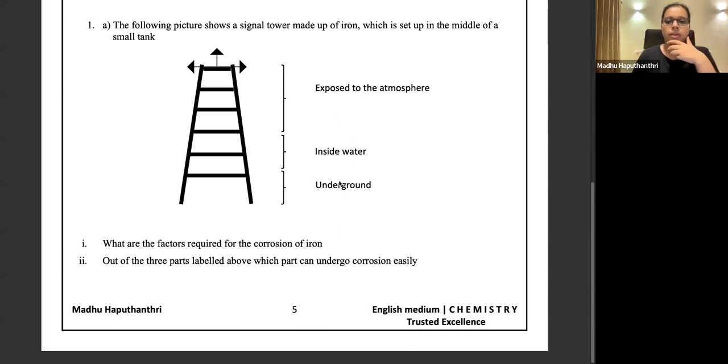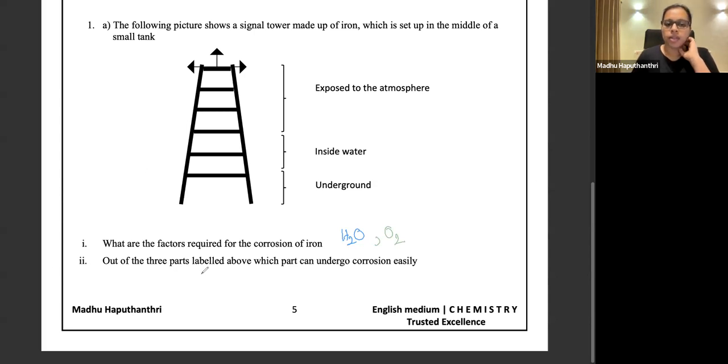So that means H2O(g). If not, you can say moisture. Other one? Apart from water, what do you want? So I'll just keep it as water there generally. Now, oxygen, right? From air, particularly oxygen is required.